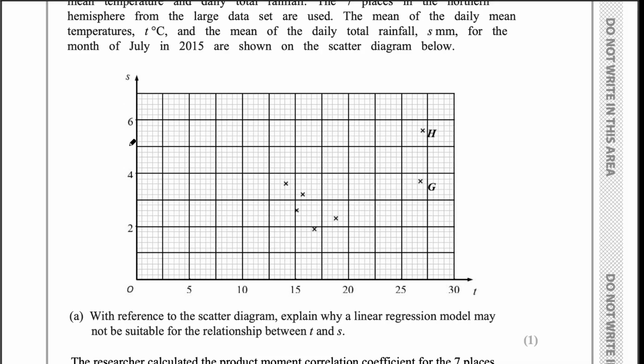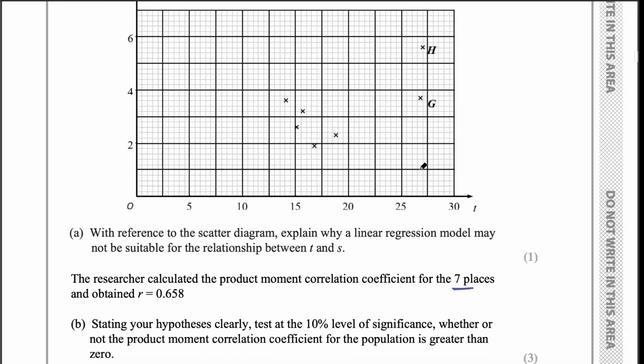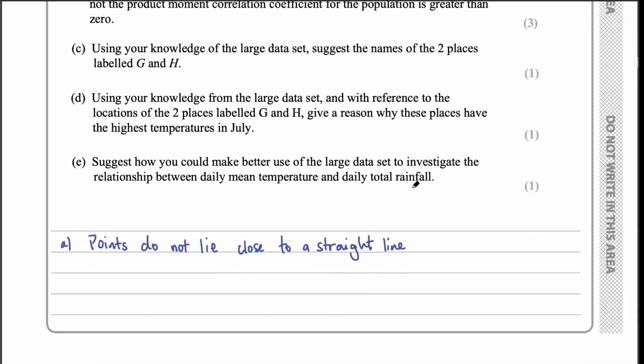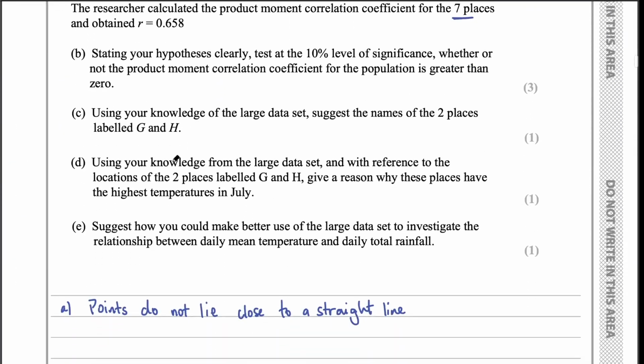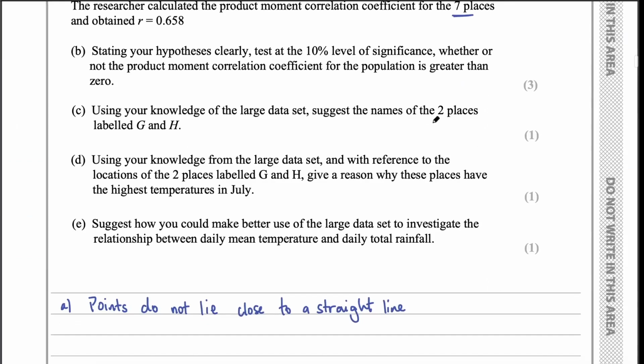I'm not familiar exactly with the amounts of rainfall that Jacksonville and Beijing get, but I think the temperature is a good indicator here that these two are outside of the UK because they're closer to the equator. So I'm going to say G and H are Beijing and Jacksonville. I don't think it asked for a reason in question C. Let me just double check that. So it just says suggest the names.